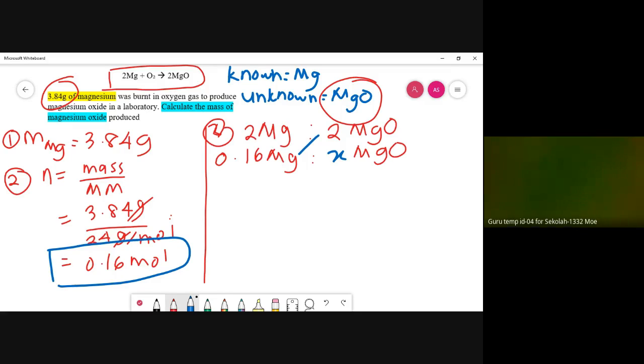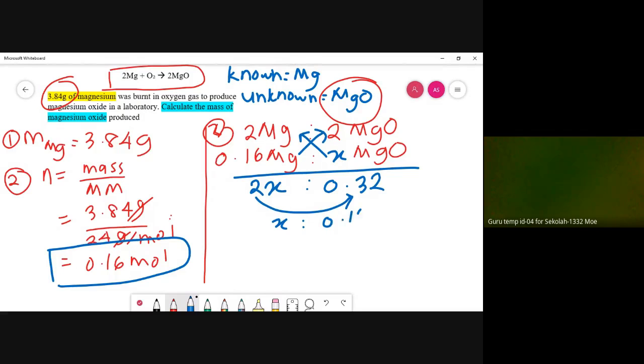Just cross multiply here. So you will get 2 times x, you will get 2x. Then 2 times 0.16, you will get 0.32. Move this over, it becomes divide. So you will get 0.16 mole of magnesium oxide.